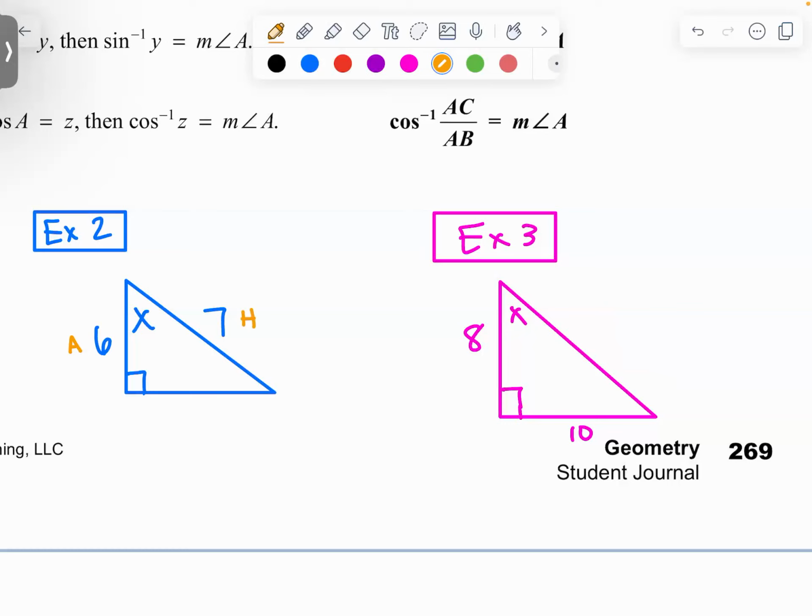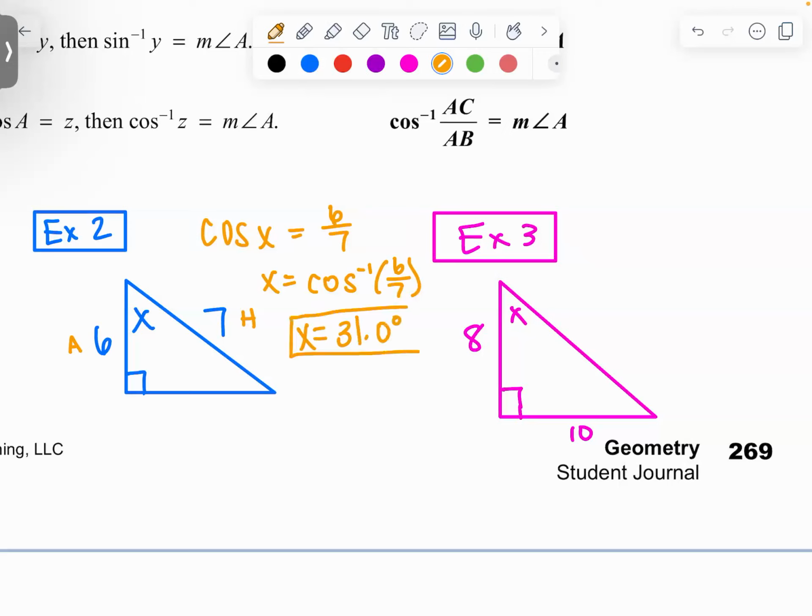Okay. So we have the cosine of x is 6/7, right? Okay, so in your calculator, did you punch in the inverse cosine of 6/7? What'd you get, Alexa? 31, and then it was like 0.00 something, right? So if we're going to the nearest 10th, 31 degrees.